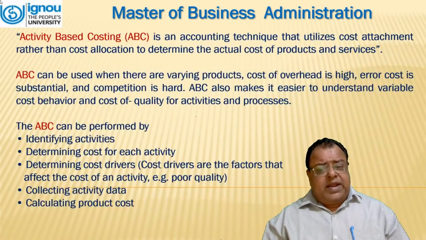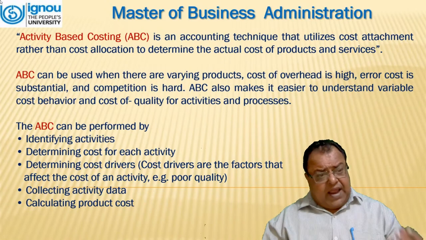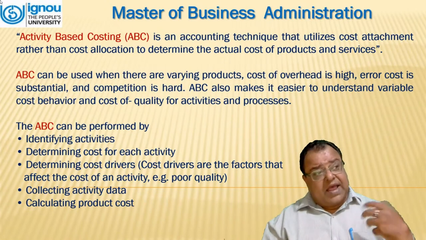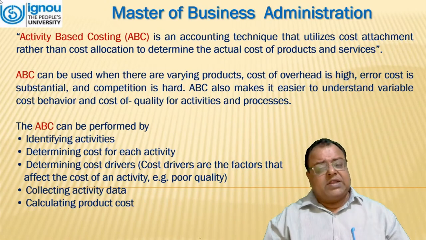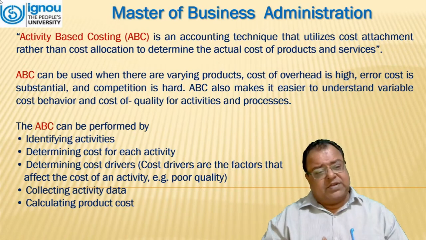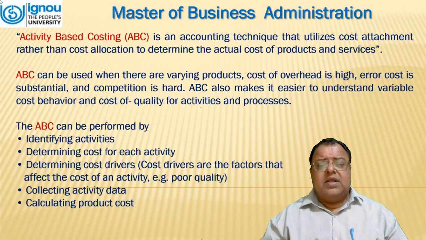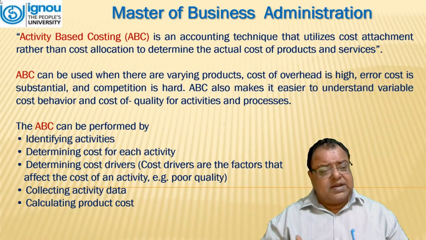ABC is an accounting technique that utilizes cost attachment rather than cost allocation to determine the actual cost of products and services. ABC can be used when there are varying products, cost of overhead is high, error cost is substantial, and competition is high.